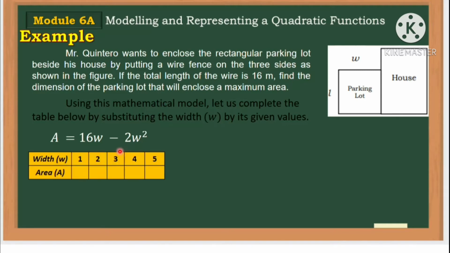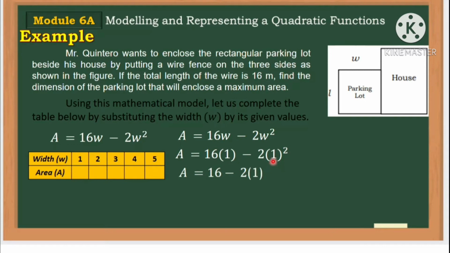So, we have there width 1, 2, 3, 4, 5 meters. We're going to find the area. If W is 1, that is 16 times 1 minus 2 times the value of W, which is 1, then close parenthesis, then square. So first, we're going to square this 1, multiply by itself. So 1 times 1 is equal to 1.